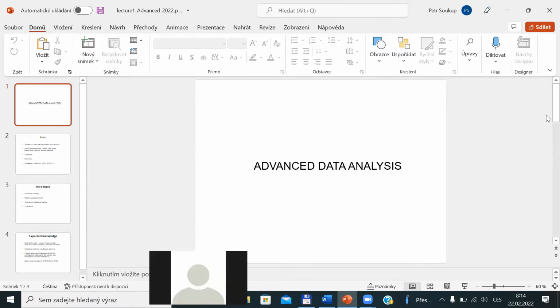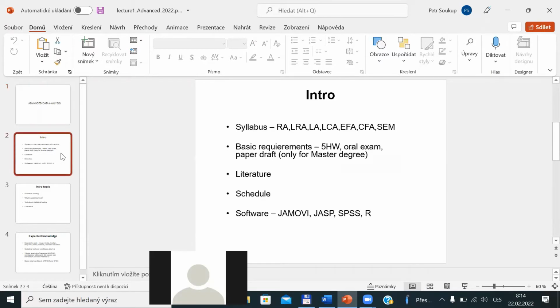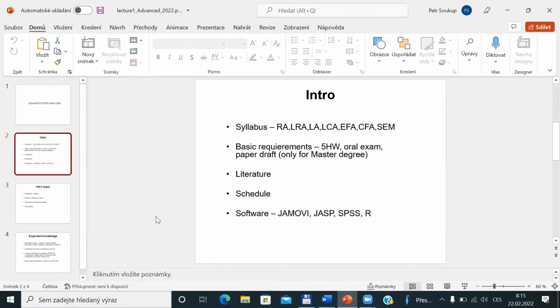So here we are, and I would only briefly recap the basic topics for this course: linear regression analysis, logistic regression analysis, then we will switch into latent class analysis, exploratory and confirmatory factor analysis, and structural equation modeling.